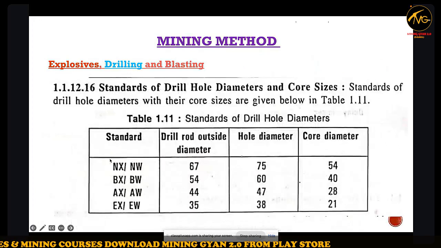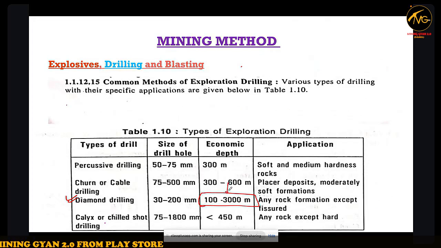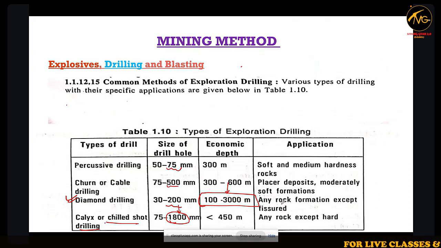Let's see diamond drilling. Diamond drilling is a very good drilling machine because its depth is the highest. You can go up to 3000 meter, and diameter is 200, not more than this, because the largest diameter you can drill is with chilled shot drilling. The smallest diameter is percussive drilling, and the maximum, for cable drilling, is 500.